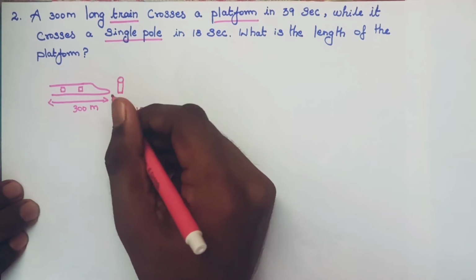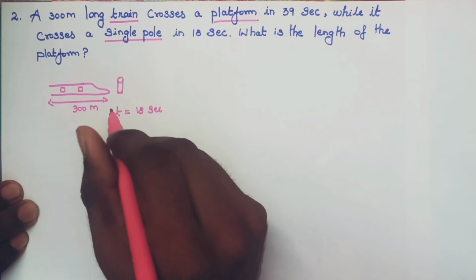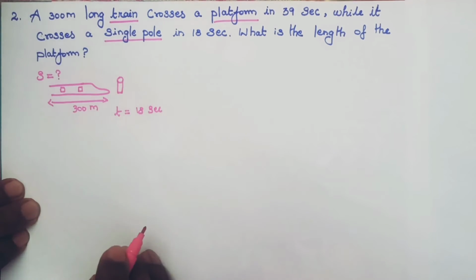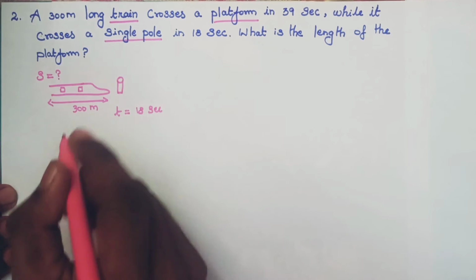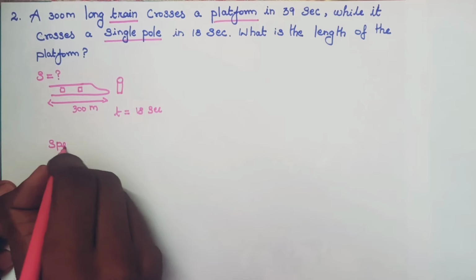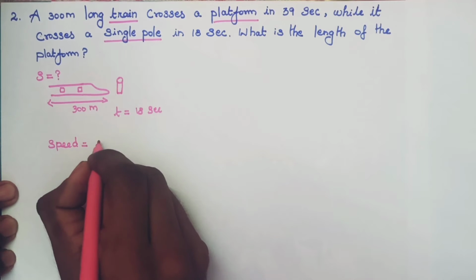Here in the point method, what is the missing value? The speed of the train is missing. So we have to find the speed using the point method formula. Speed equals distance divided by time.